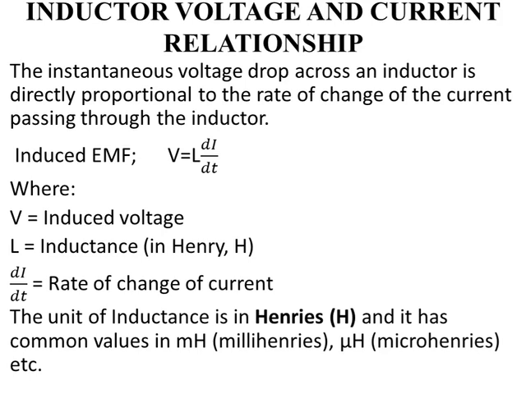Inductance is always in Henry, so you can see it in millihenry, microhenry and so on. Then we have the rate of change of current with time, di/dt. That is the first relationship.